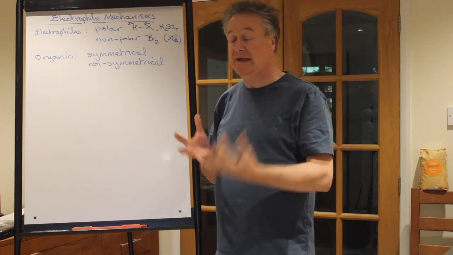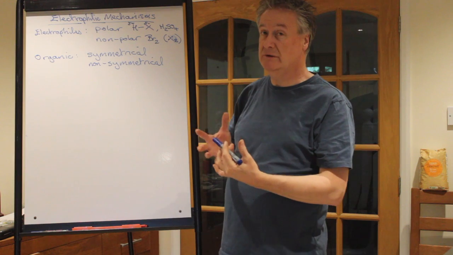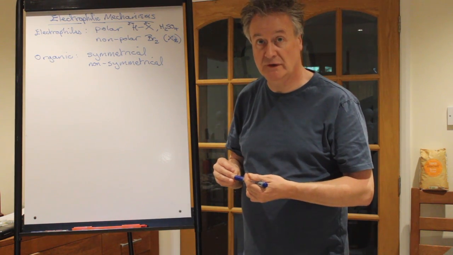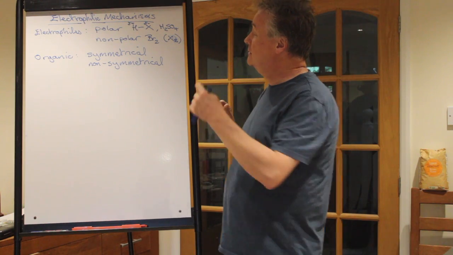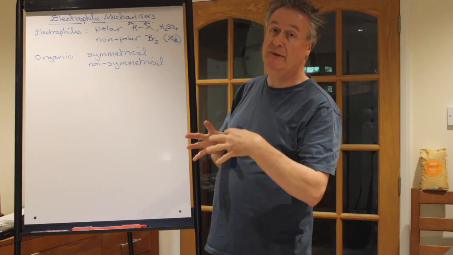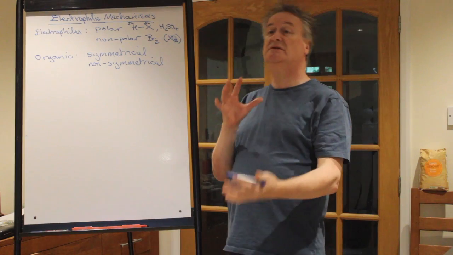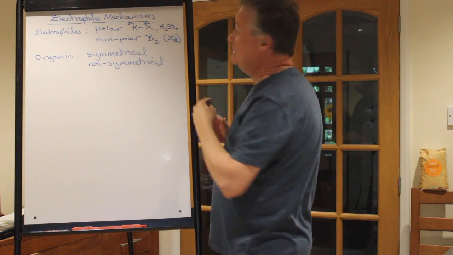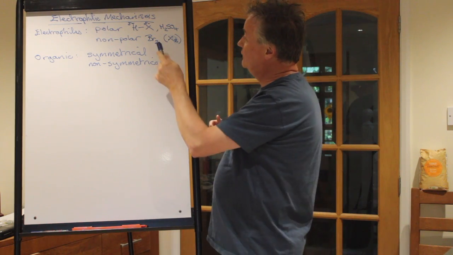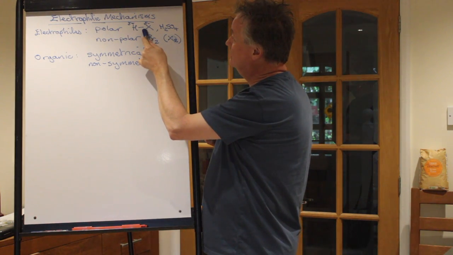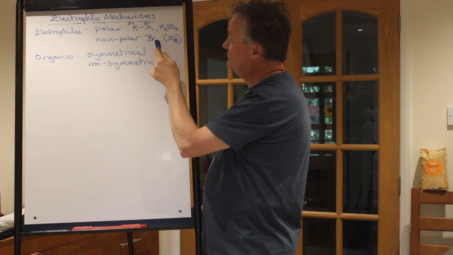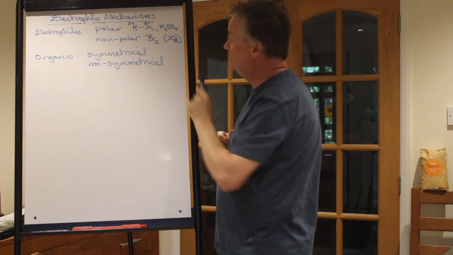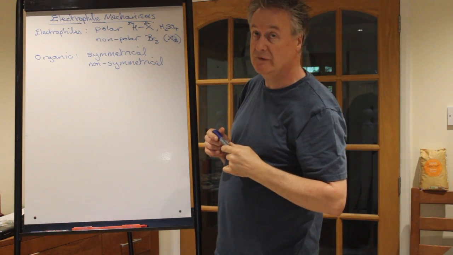Hydrogen chloride you can have all the time, but it's not very good at reacting, and hydrogen fluoride is unutterably hopeless, because once it's got the hydrogen it doesn't want to let go. So you pick bromine most of the time if given a choice, because it's sort of intermediate. So these are the ones that we have to consider at A level: hydrogen halides, sulfuric acid, that's concentrated sulfuric, not dilute, and bromine as an example of a halogen.